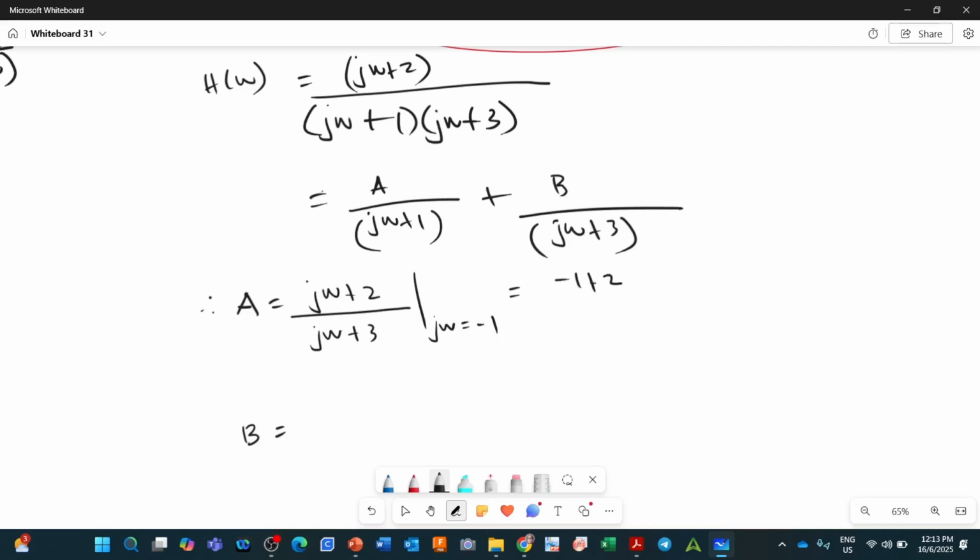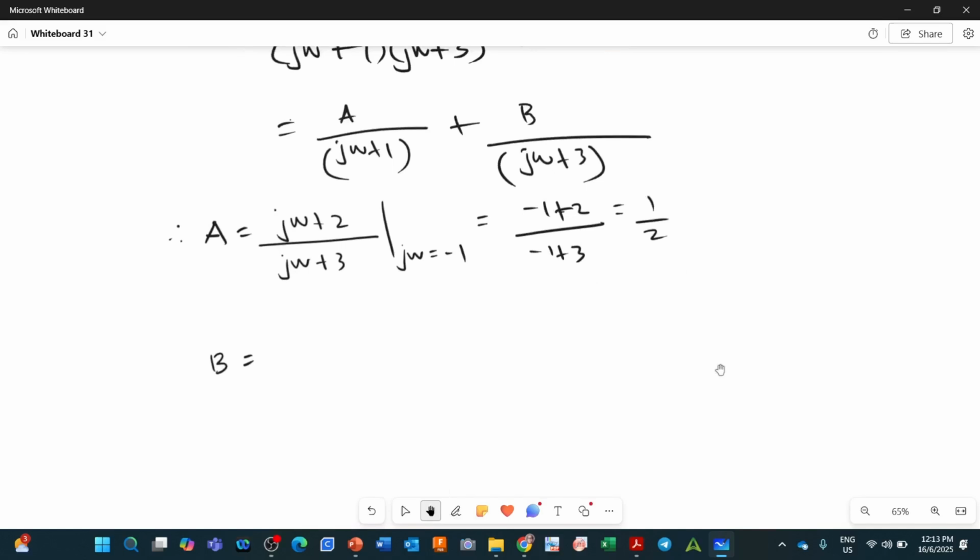Minus 1 plus 2 over minus 1 plus 3 gives 1 over 2. Don't need to press calculator. Just leave it as 1 over 2, no need to change it to 0.5. Just leave it there.